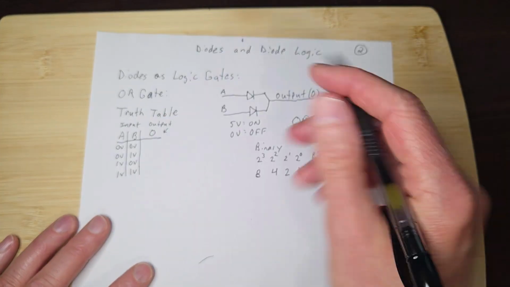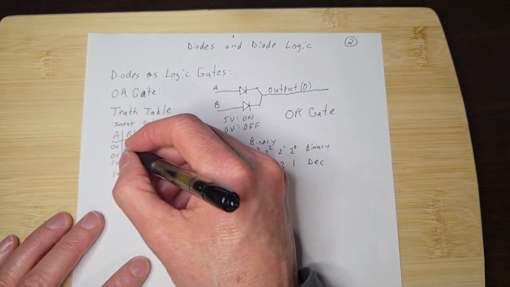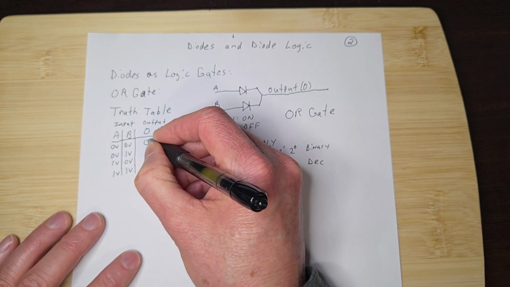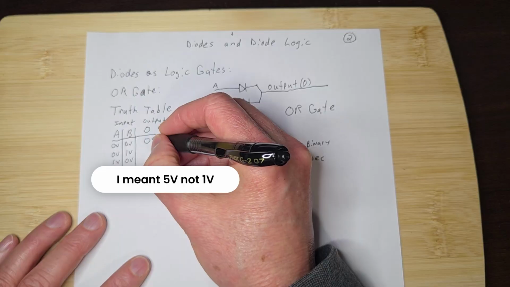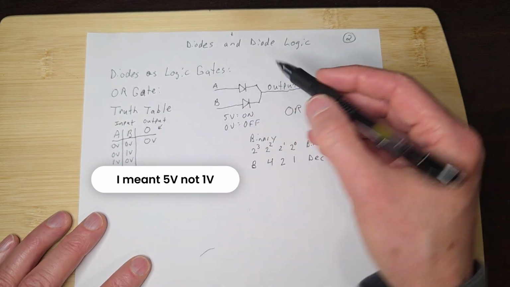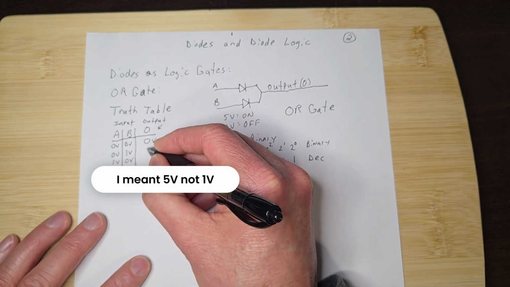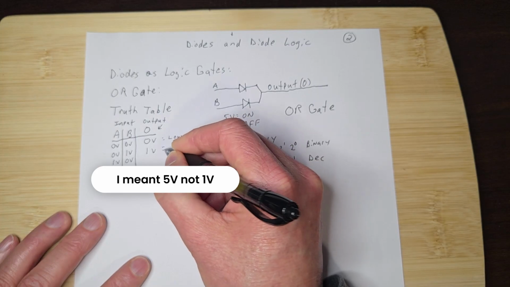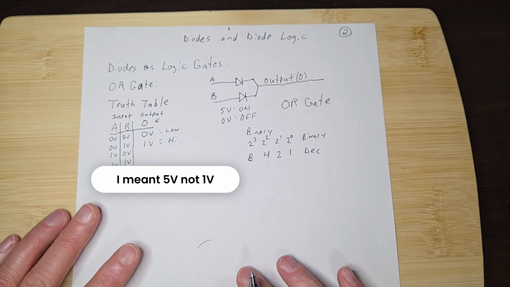So for an OR gate, the OR gate is just set up to where if I have 2 zeros, or 2 lows, in this case, I would have 0 volts. If I have a 0 here and a 1 here, then I have 1 volt. That could also equal low, and that could equal high. Call it that way. And then the same here.